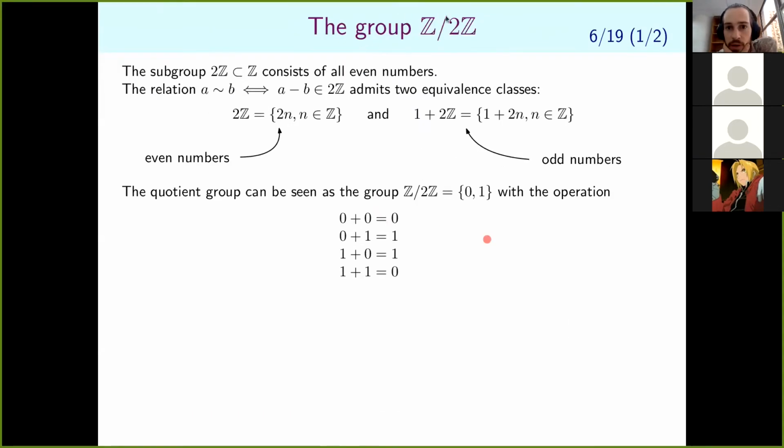This is really simple. You say that 0 times 0 is 0. 1 times 1 is 1. And 0 times 1 is 0.